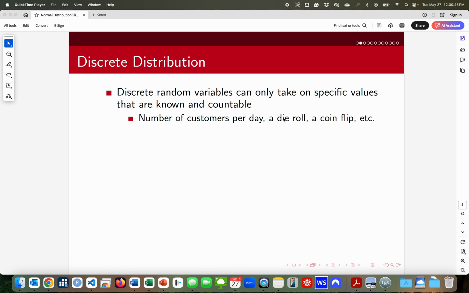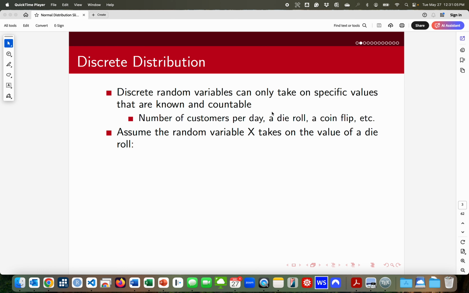We would assign a number to each outcome on the die roll. We could assign heads, tails, and we could look at the probability of getting heads, probability of getting tails, and so on. The number of customers per day, you may have thought about in a previous stats class, the Poisson distribution.